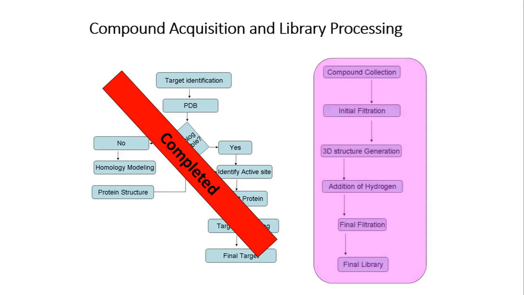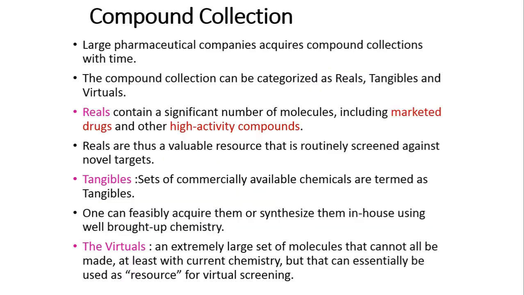Now to begin with, let us first discuss what might be the source of your compound collection, or where I might get a compound library. Before diving into details of the sources of compound collections and their properties, for the sake of simplicity let us divide your compounds into three major categories.